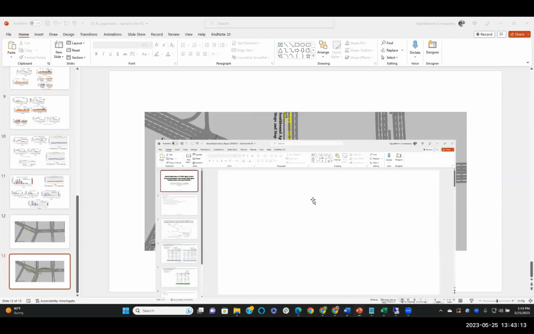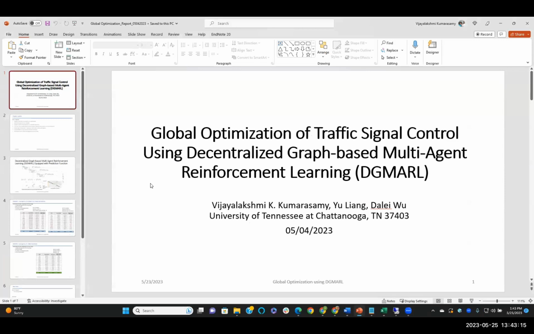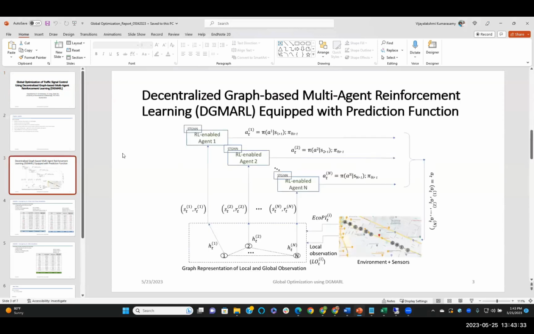This is my research project, my thesis project. My project focuses on optimizing the traffic signal timing. Our goal is to use reinforcement learning, a machine learning concept, to optimize the traffic signal timing.